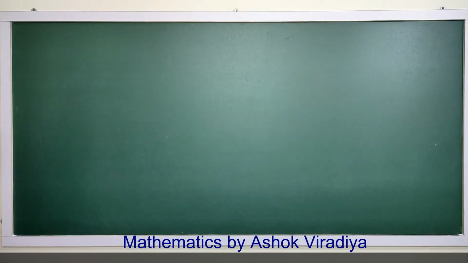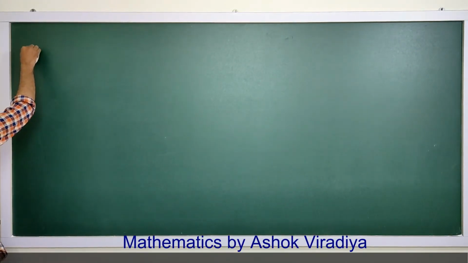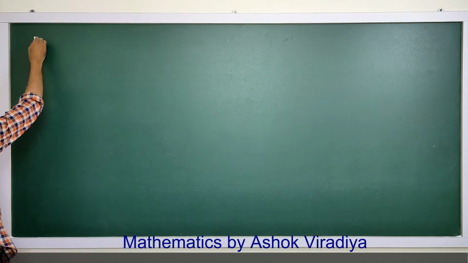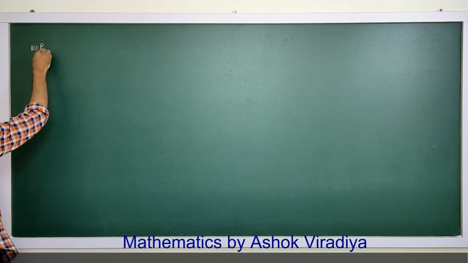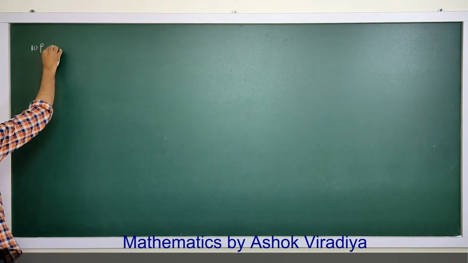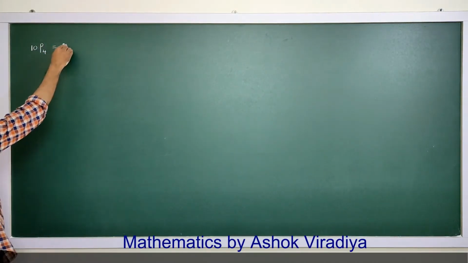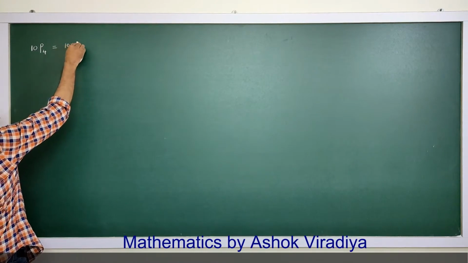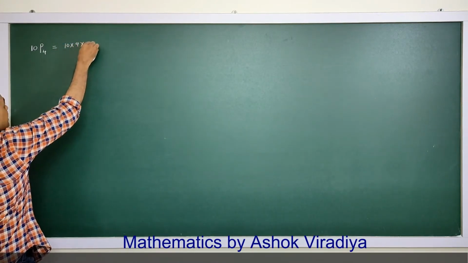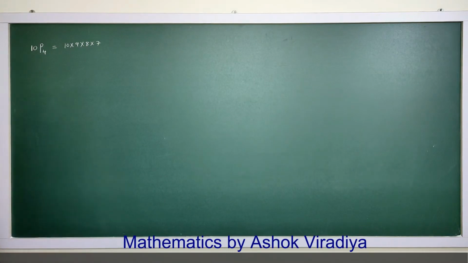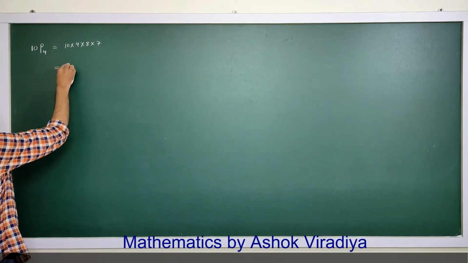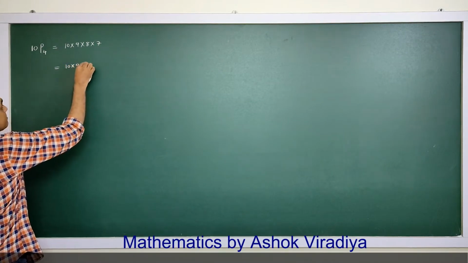Now see one more result. Just as I explained, suppose we want to calculate 10P4. 10P4 is 10 into 9 into 8 into 7. This is 10P4. Beginning from 10, go 4 steps back. Now this product can be expressed as follows.